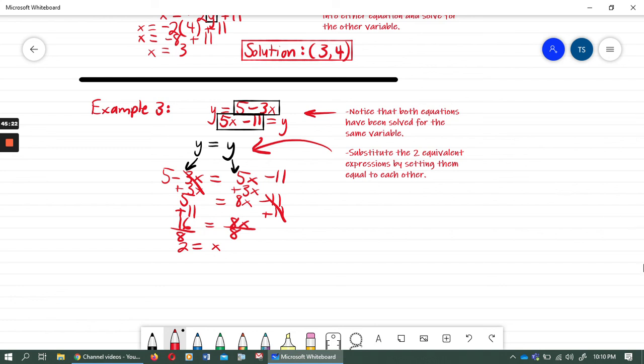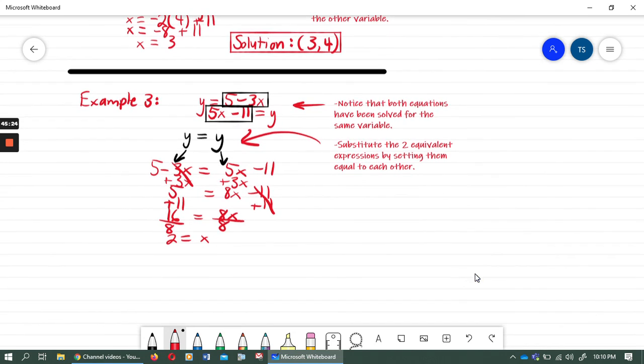Since we've got that value for x, now we need to solve for our other variable.